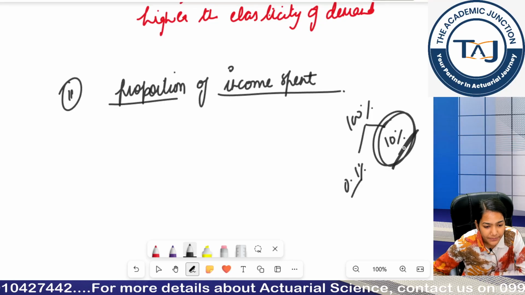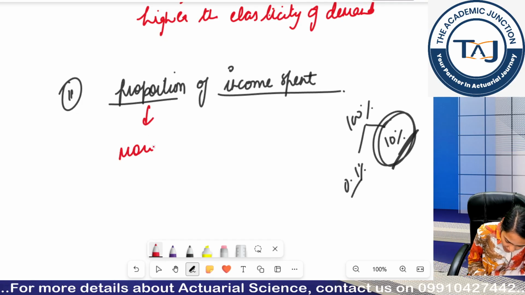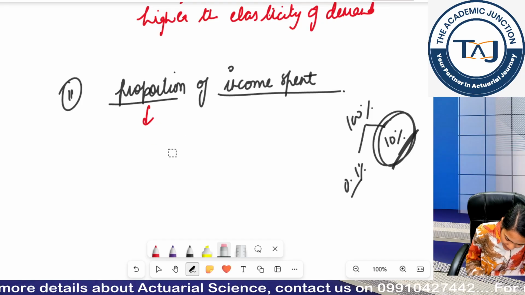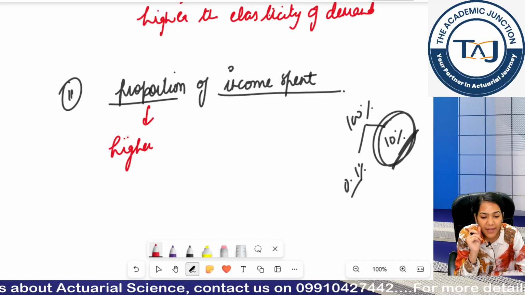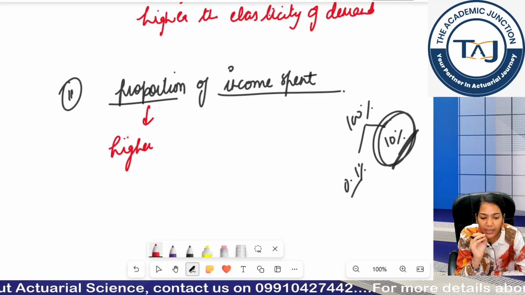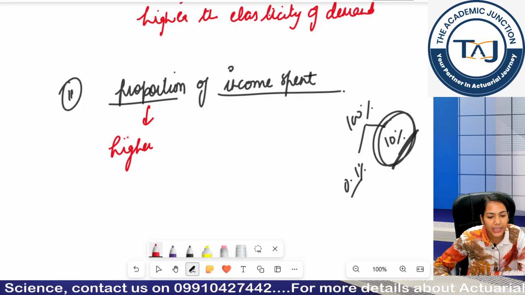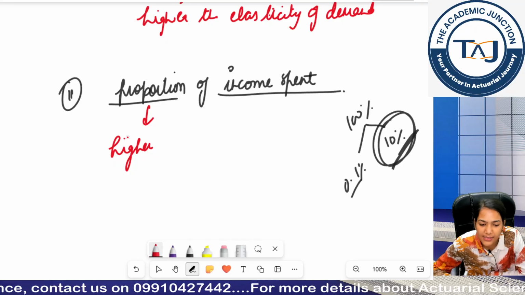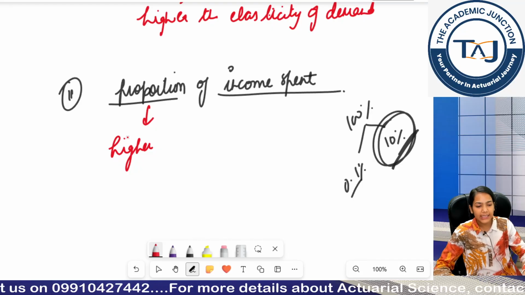Okay. So I will say, the higher the proportion of income being spent, whenever I am spending a lot, I am thinking about buying something for a longer time, with greater effort, right? Then the elasticity would be higher because I may be more prone to change my decision.